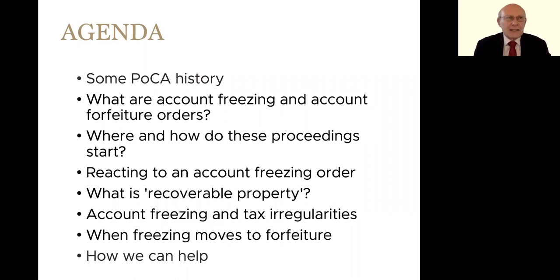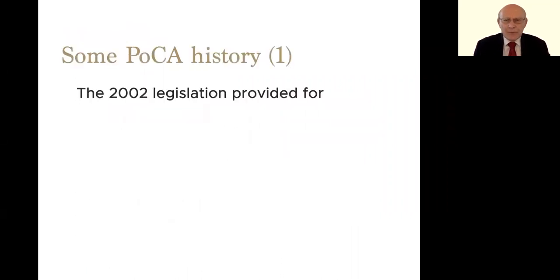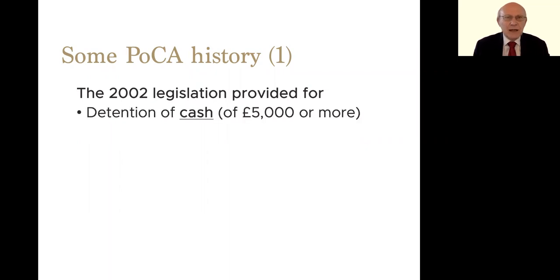Okay, so let's kick off. Some PoCA history. The legislation, as it was originally enacted in 2002, dealt with, amongst other things, the detention of cash of £5,000 or more. And cash here is fairly widely defined.